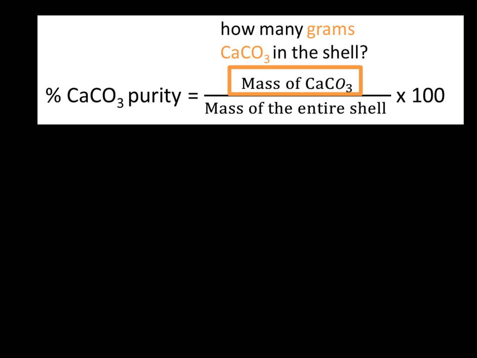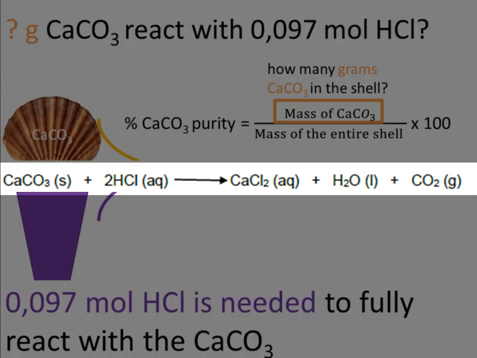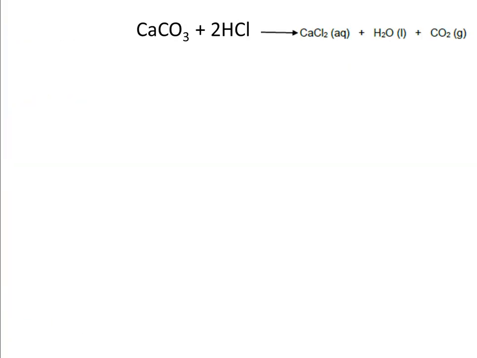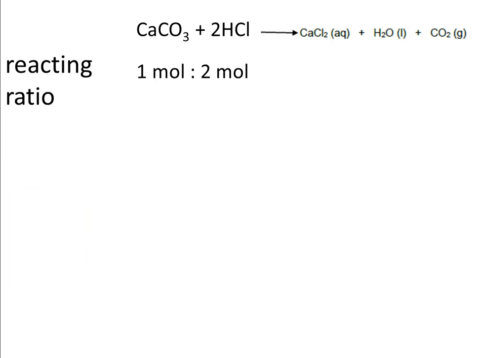How do we find that out? We make use of this equation, which shows us how calcium carbonate and hydrochloric acid react with one another. From this equation, we know that the reacting ratio between calcium carbonate and hydrochloric acid is 1 mole is to 2 mole.